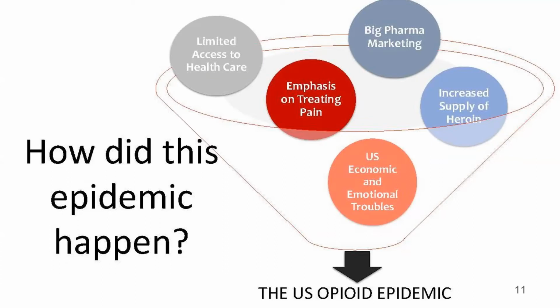Yet another factor was the influx of high-potency heroin from Mexico, this time targeting rural and suburban youth. There's also limited access to healthcare, which made it increasingly difficult for people to seek help and support, and vast unemployment as factories closed in recent years.